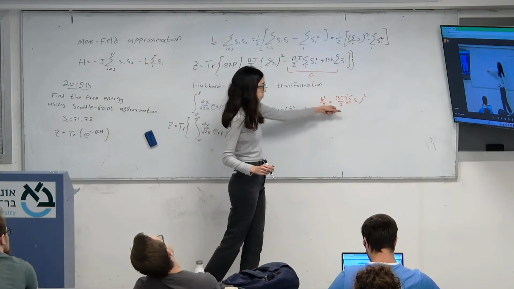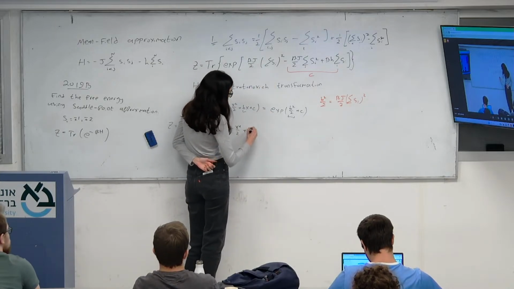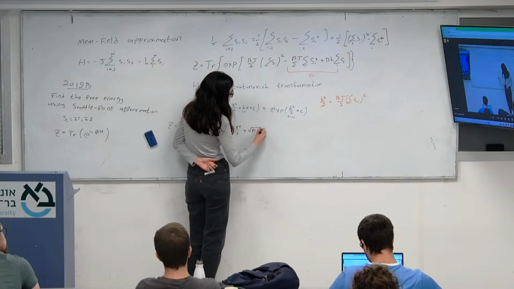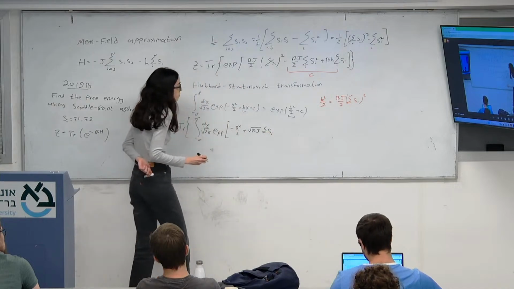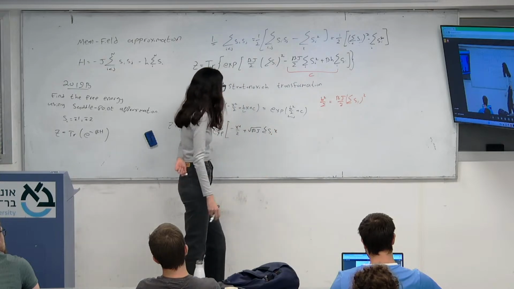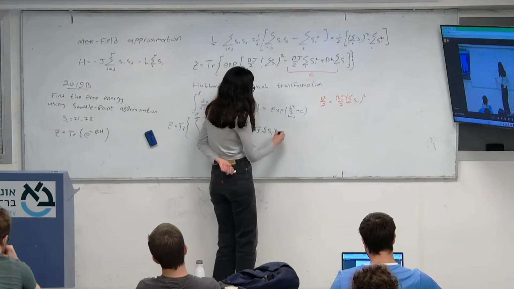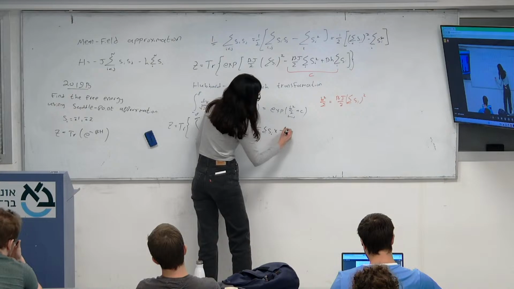We defined b like that, so what we're going to be left with is the square root of beta J times the sum of Si times x, plus c, which is everything that we have here, so I'm just going to copy that.